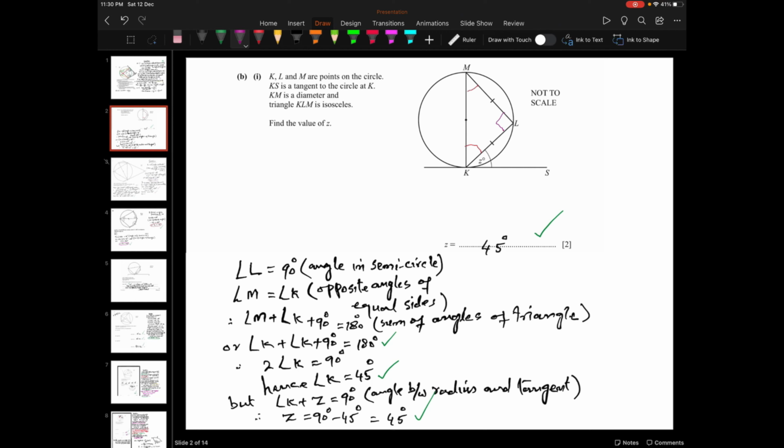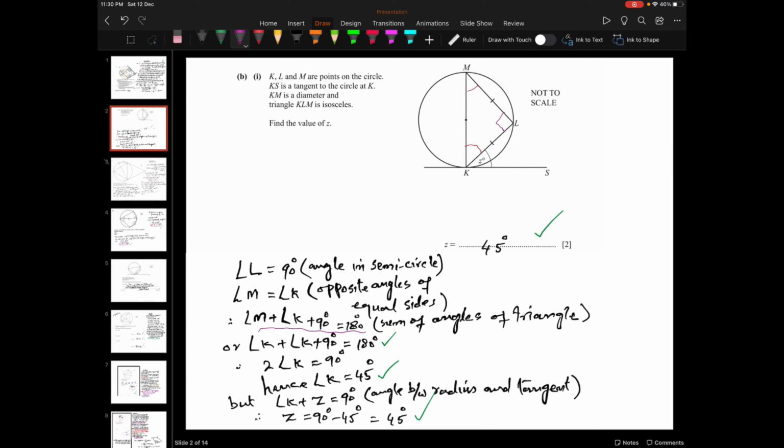Because this angle is made by the semicircle. Therefore, the sum of angles of a triangle is equal to 180 degree. We can write angle M plus angle K plus 90 degree is equal to 180 degree. But angle M is equal to angle K. So in place of angle M, you can write angle K.